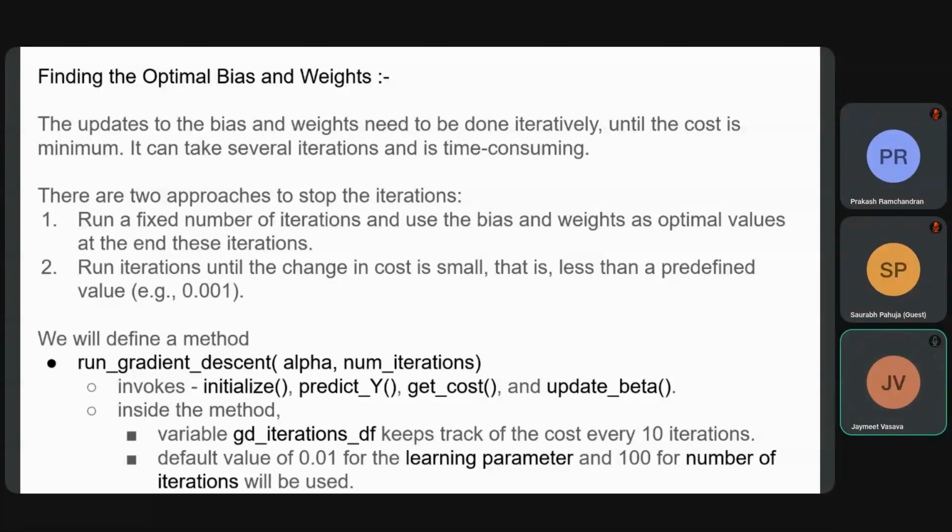Inside the method, there will be a data frame, gradient descent iterations df, which keeps track of the cost every 10 iterations. The default values we'll use are 0.01 for the learning rate and 100 for the number of iterations, so we iterate 100 times at a learning rate of 0.01 and save the values in gradient descent iterations df.